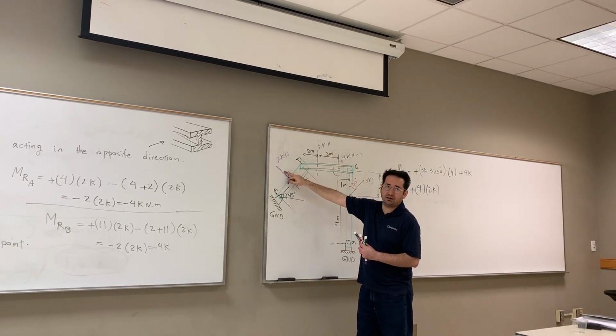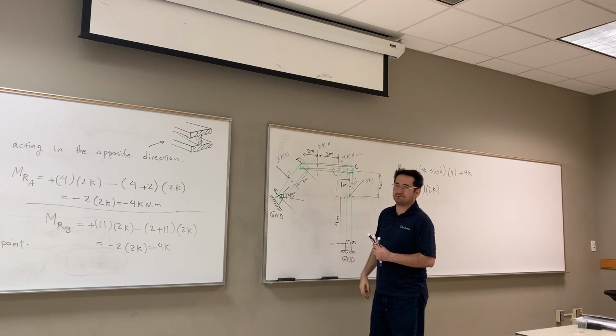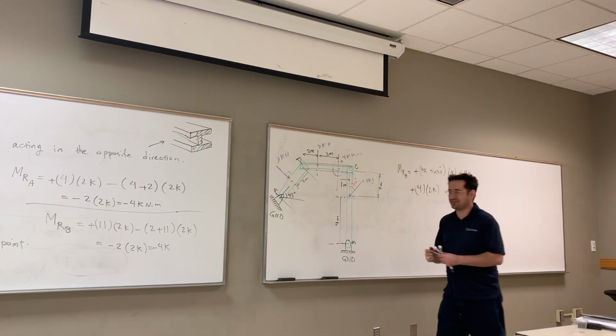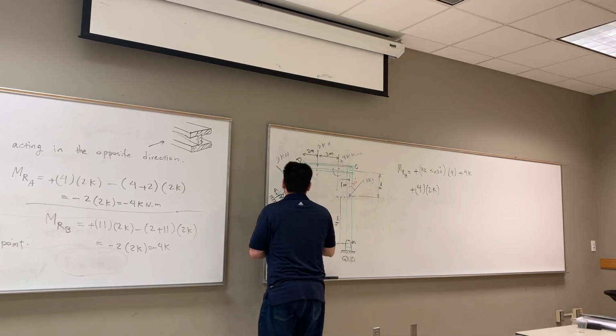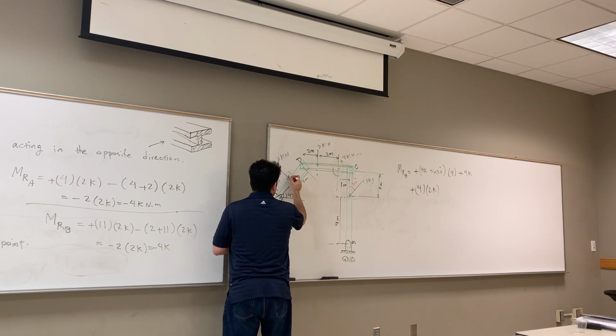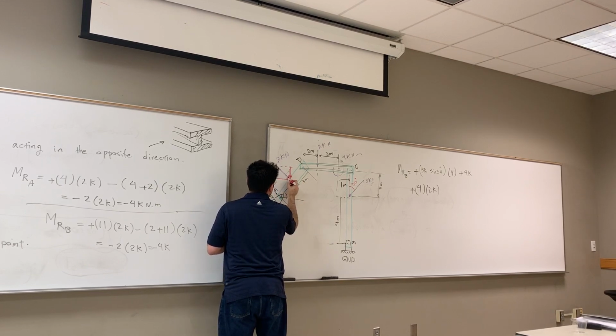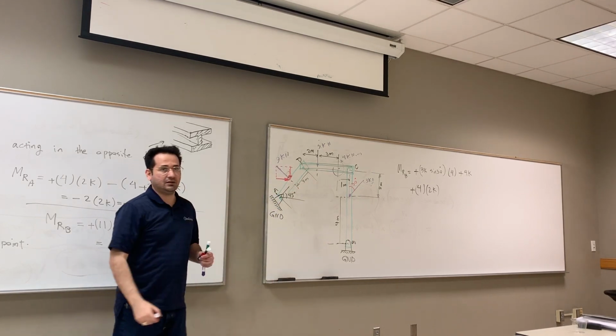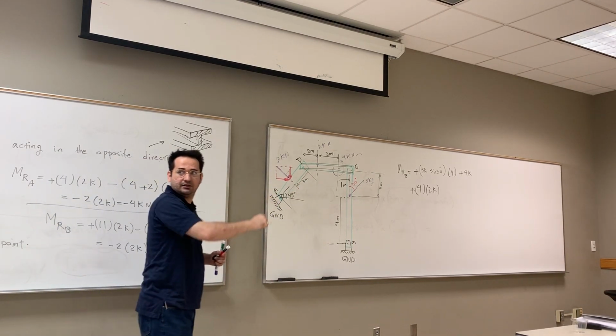What about this one? Break it up. First step. If I break it up, I want to show this here. So you get 2 components. You get 1 component like that, and 1 component like this. You see? One is down, one to the right.